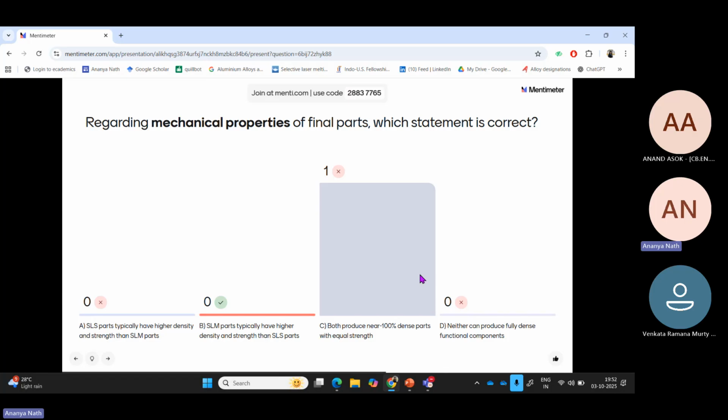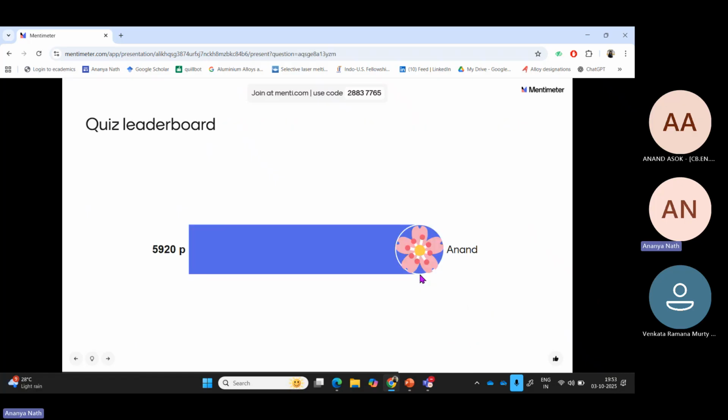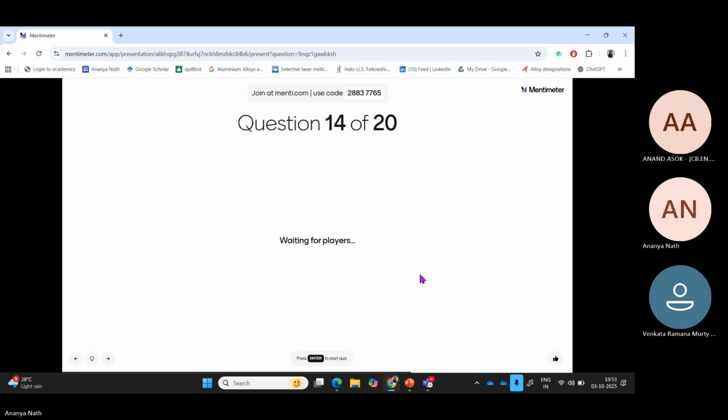And also, as I said, for SLM, when we melt one layer, the previously deposited 2 to 3 layers get remelted. So the chances of getting porosity also minimize by this. That's why the residual stress is also higher. Next question.